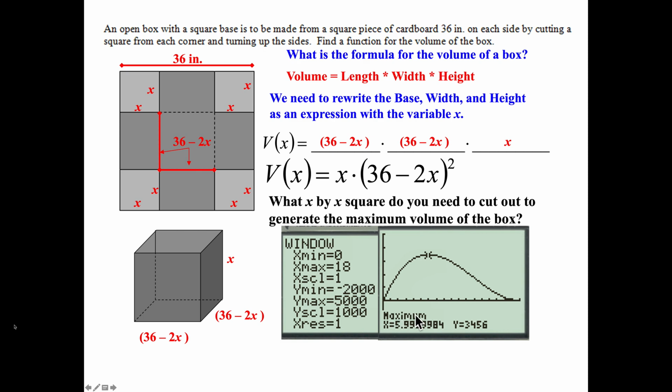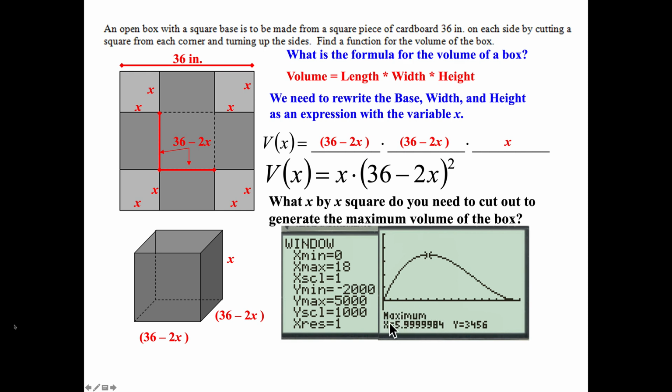I found the max again. All right. Somewhere to the left, somewhere to the right, left bound, right bound. Hit enter on guess. And we got 5.999984. Well, wait a minute. I can't put this number in here and expect to get a maximum volume that's a complete integer. So this is probably a rounding error.